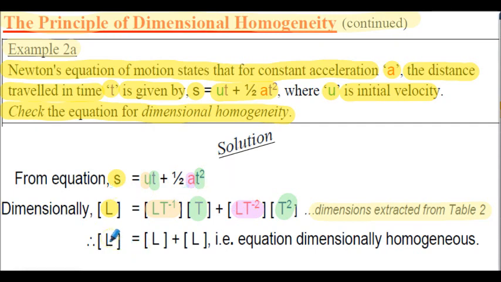So we clearly see the left-hand side of the equation has dimension L, so all the other terms must have L. And we can see this because for this term, T to the -1 multiplied by T becomes T to the 0 or 1, so 1 times L is L. And for this term, we have T to the -2 multiplied by T to the power 2 becomes again T to the 0 or 1, so 1 times L is L. So we can clearly see that each of the terms in the equation have the same dimensions, as they should if the equation is dimensionally homogeneous.